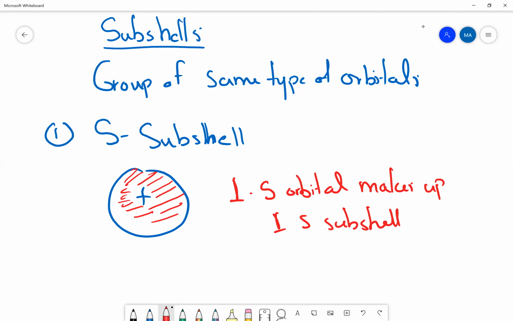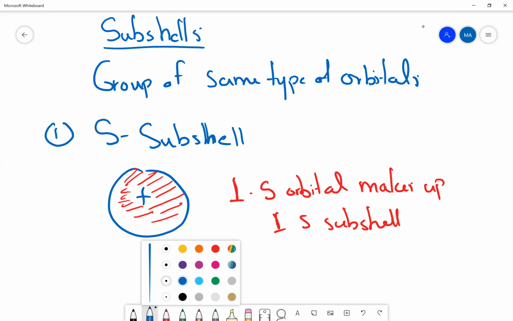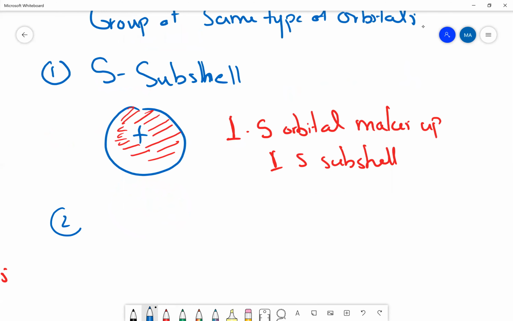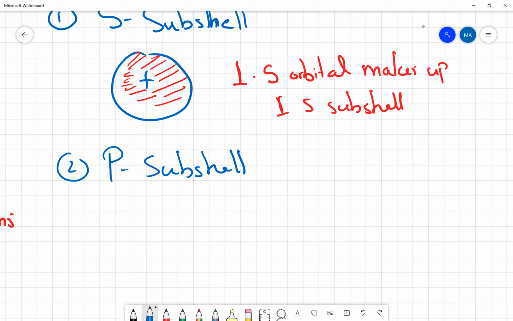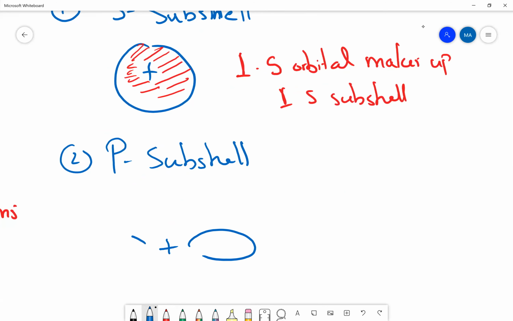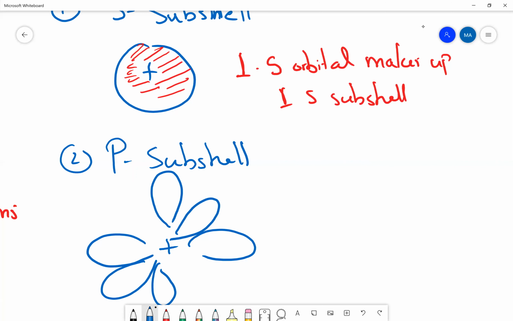So now for p subshells, there has to be a total of 3 p orbitals to make up a p subshell. Remember, this is how the shape of p was, right? Two oval shaped orbitals. This is one p orbital. If you combine a total of 3 p orbitals, you're occupying the x-axis, the y-axis, and the z-axis.